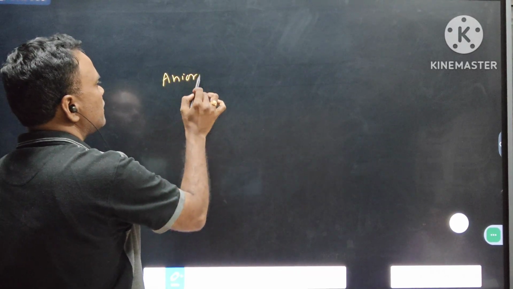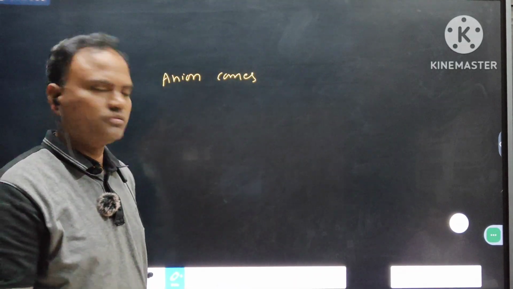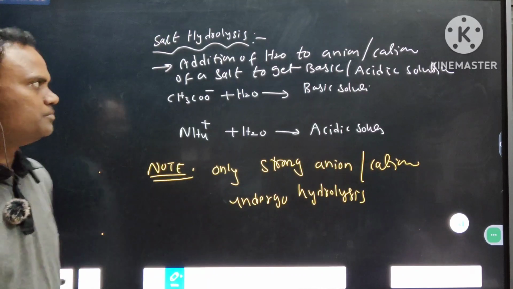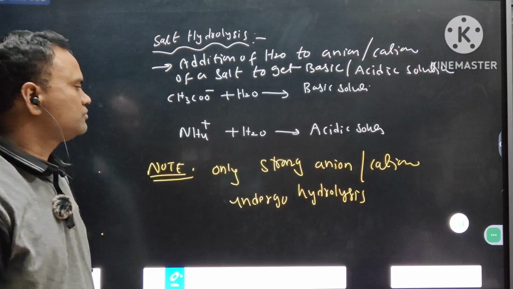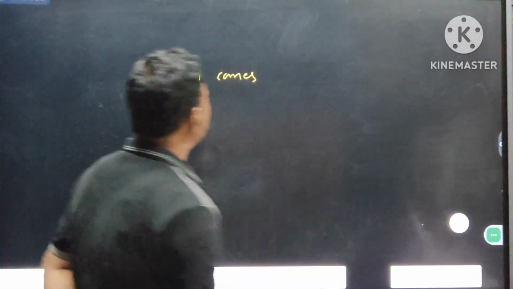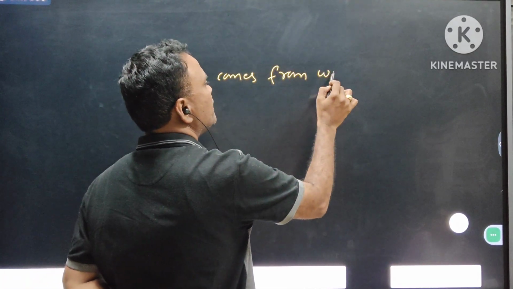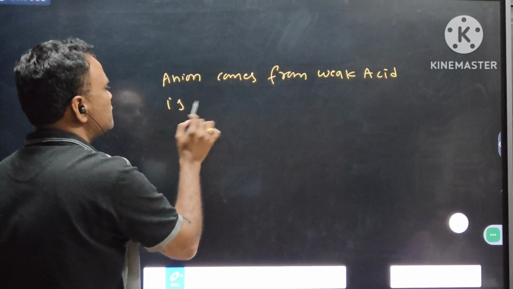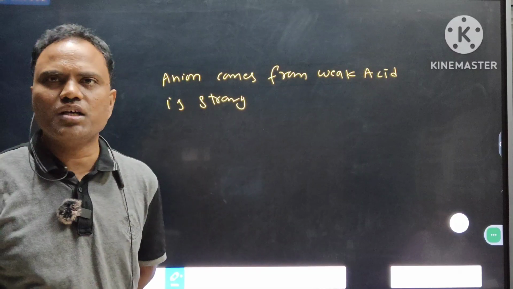Anion, tell me. See, all of you. An anion which comes from a weak acid is strong.